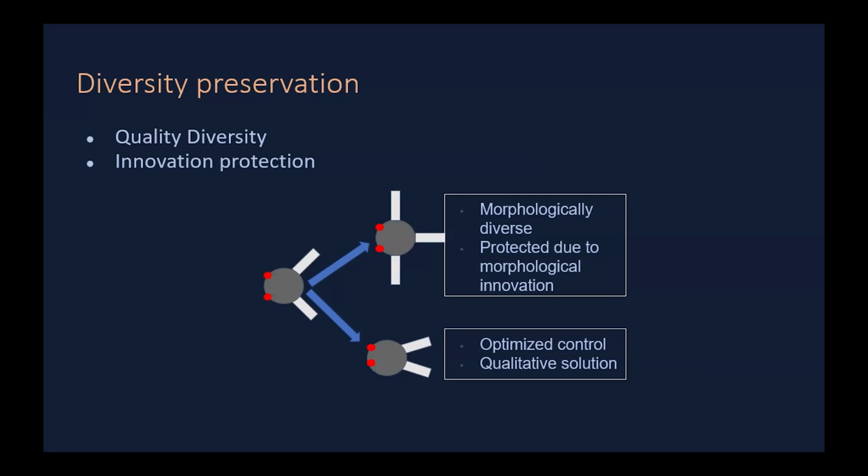Or innovation protection, where new robot morphologies are protected or kept in the population because they are new, not because they are better, but because they are new. So in this case, the completely new looking robot is morphologically diverse and will therefore be protected due to its morphological innovation. And then this case would be the qualitative solution.